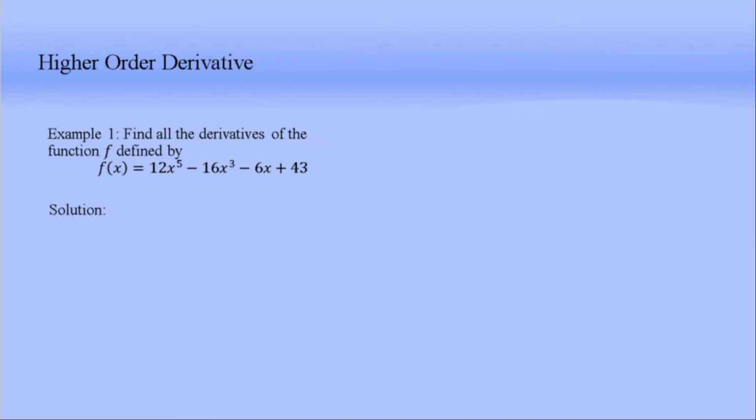So simply we're going to use the sum rule of differentiation, wherein we find the derivative of each term. And in finding the derivative of each term, we notice that we can use the constant multiple rule as well as the constant rule of differentiation.